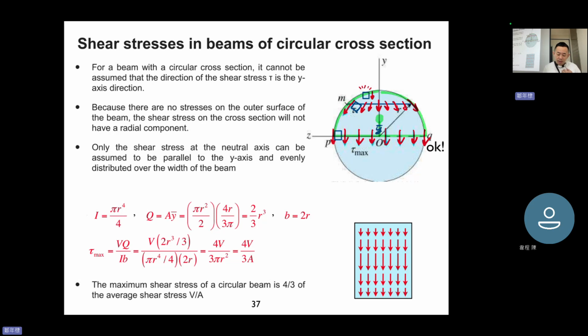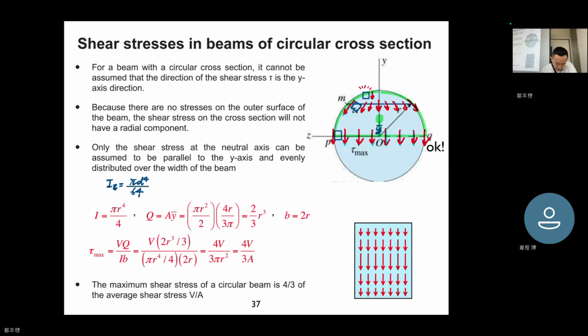So Iz equal to pi d4 over 64. Okay, and so which means that your Iz is pi r4 divided by 4.